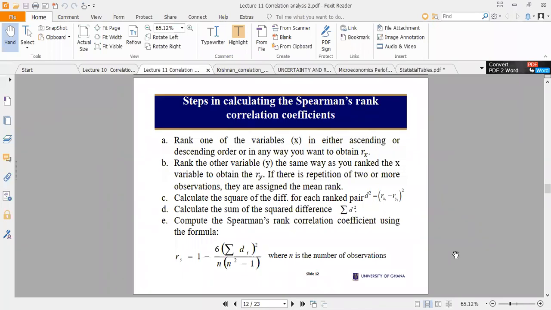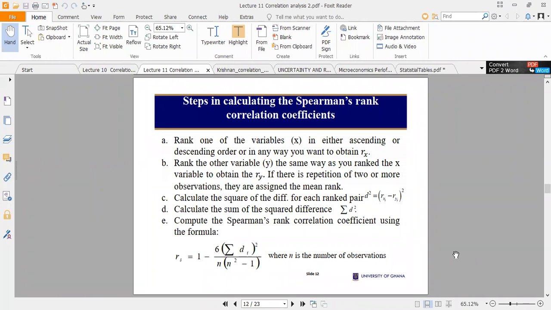So add 4 to 5 to 6 to 7 and divide it by the total number, which is 4. So here, I think you'll be getting something like 5.5. Then you give the 5.5 to all the numbers that you had. I'm just giving an example.